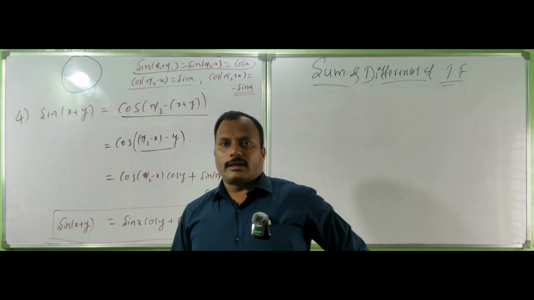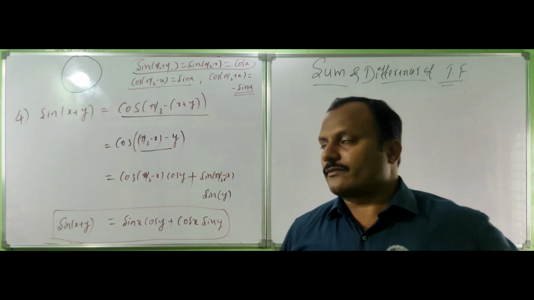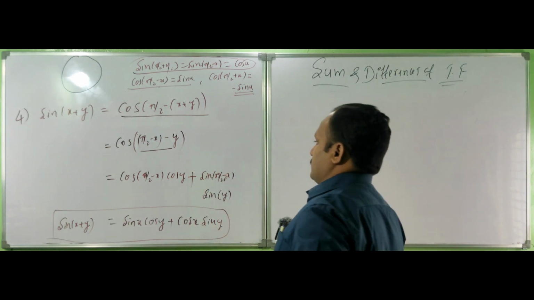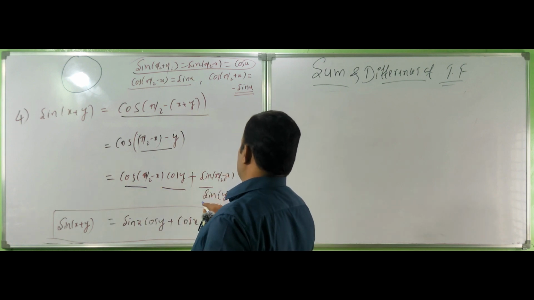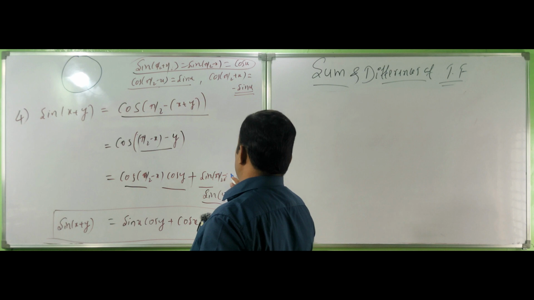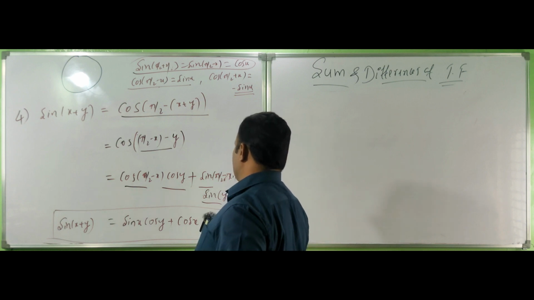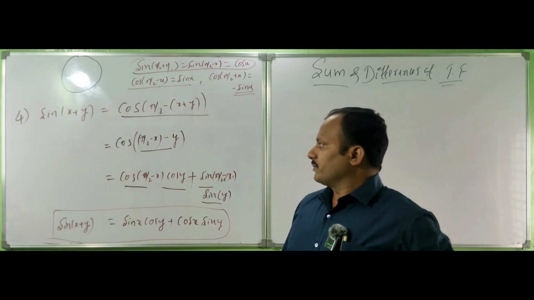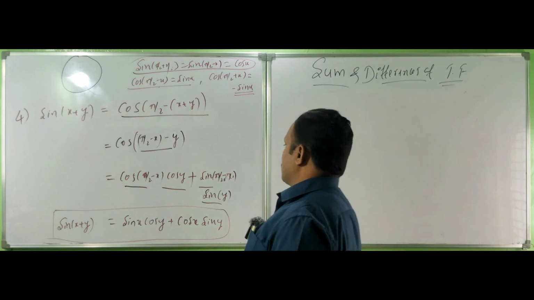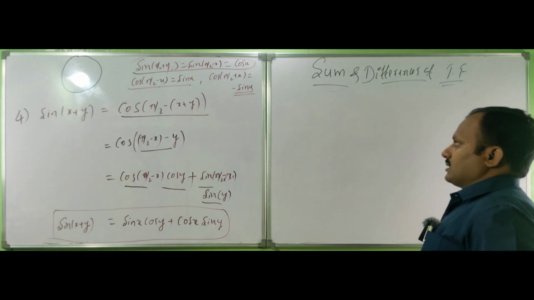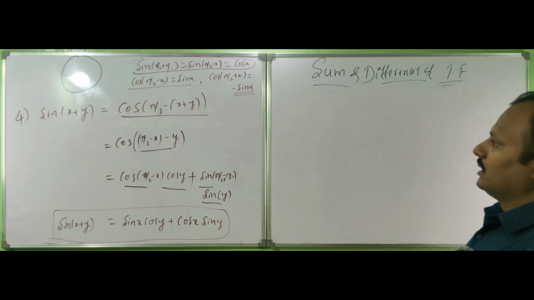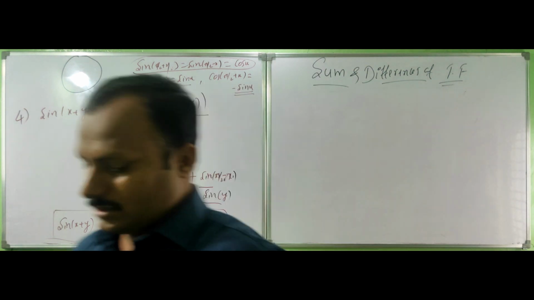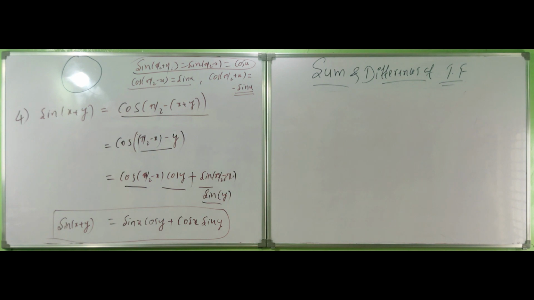Expand the cos of x plus y in terms of cos x cos y and sin x sin y. So cos pi by 2 minus x is equal to sin x, and sin pi by 2 minus x is equal to cos x.